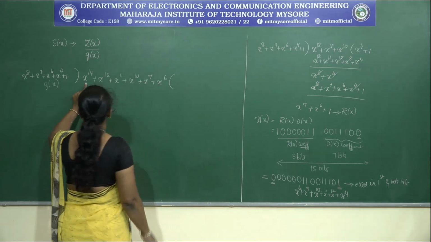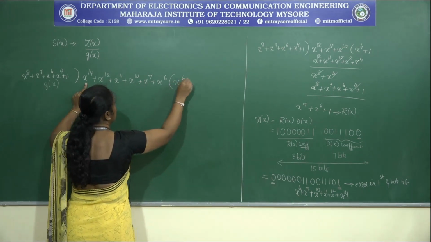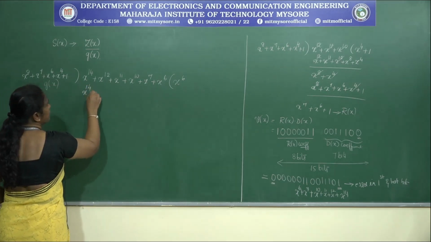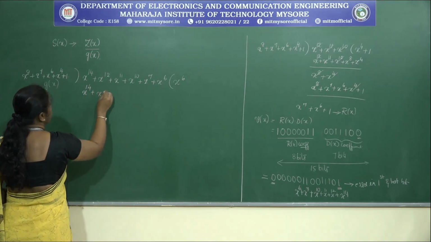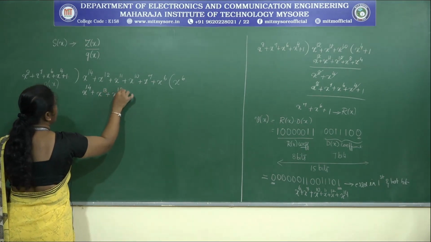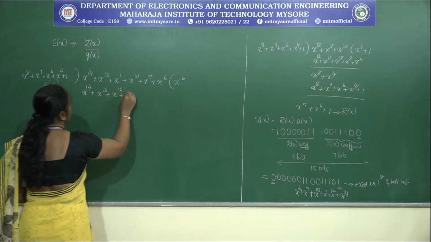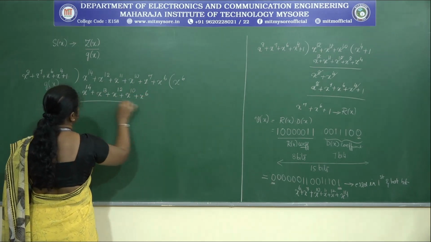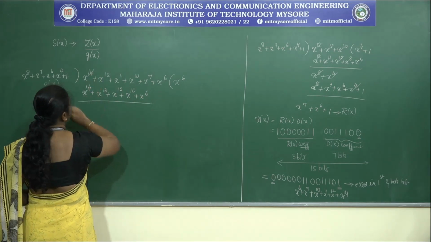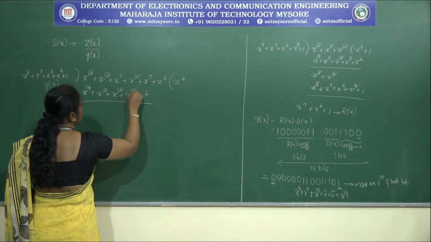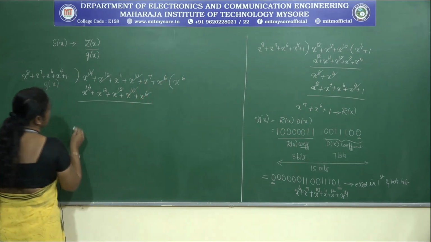So it is x power 6. So it will be x power 14, 7, 13, 12, 10 plus x power 6. So 12, 10, 6.